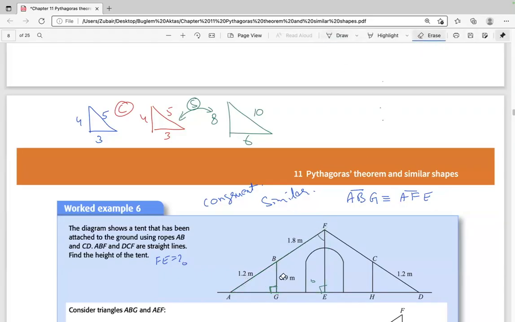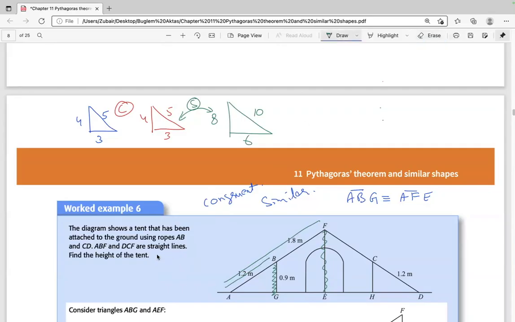So erasing all this, now I can say AB is similar to AF and BG is similar to FE. I needed the height of the tent.